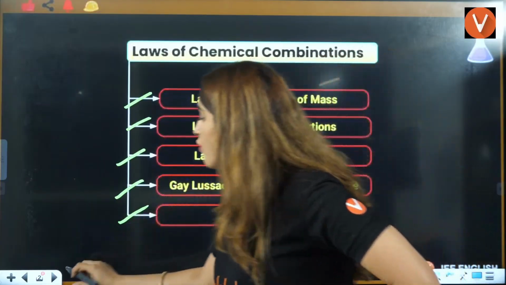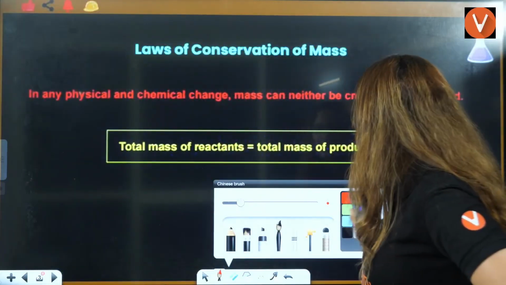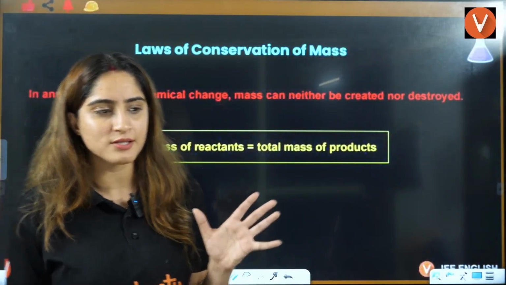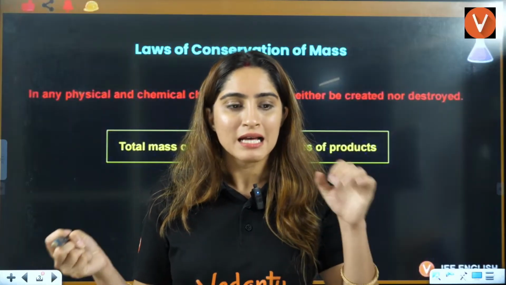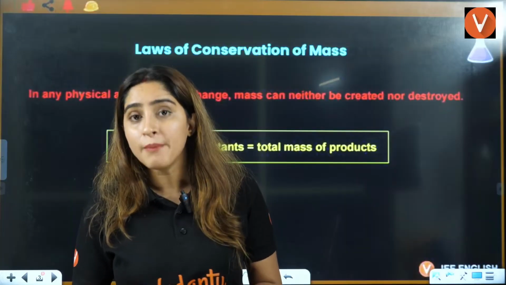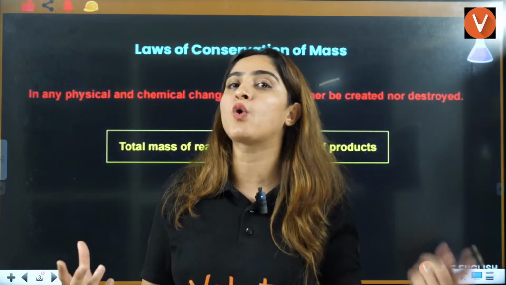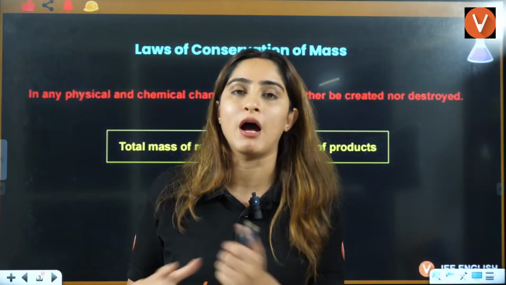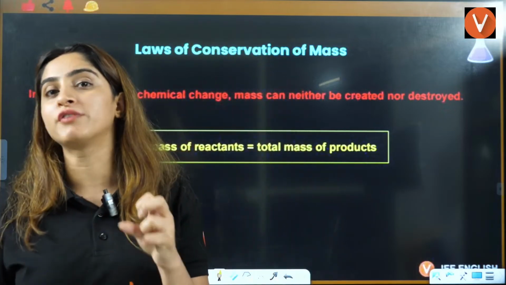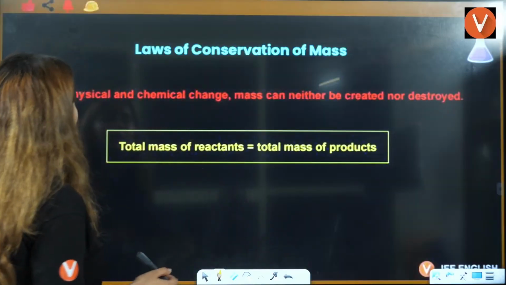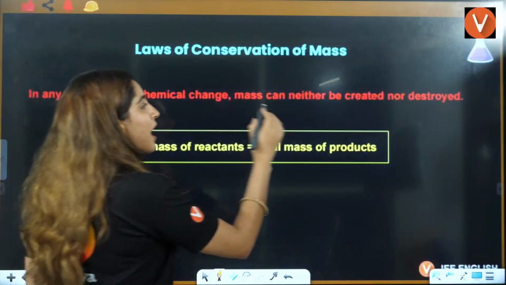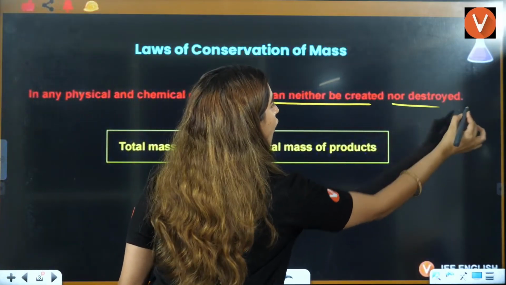First law is the law of conservation of mass. You have studied this even in lower classes, in 9th and 10th. Whenever there is a reaction occurring, the mass of the reactants is equal to the mass of the products. In a physical or chemical change, mass can neither be created nor destroyed.